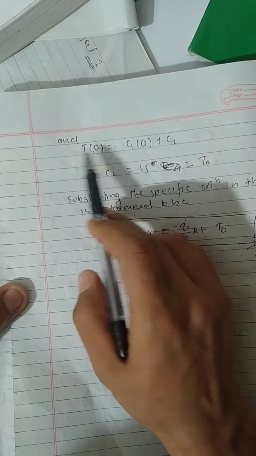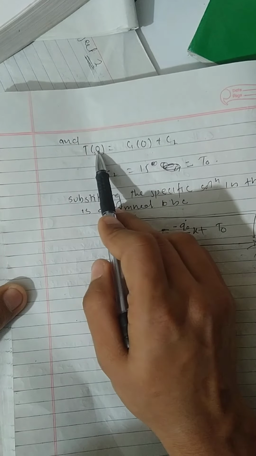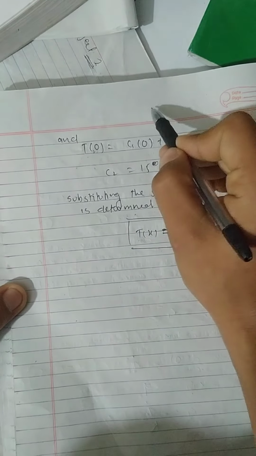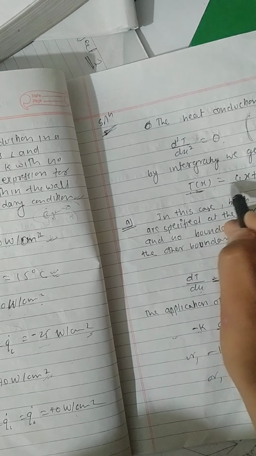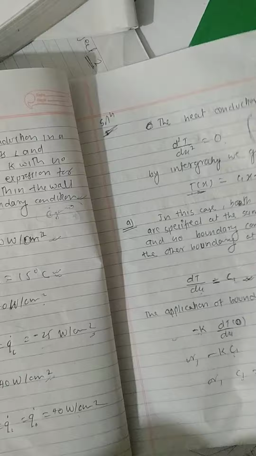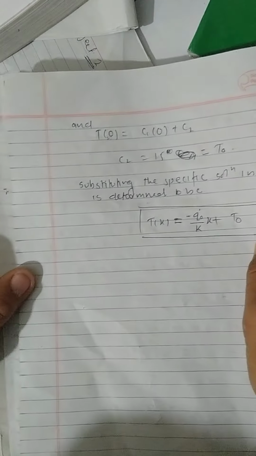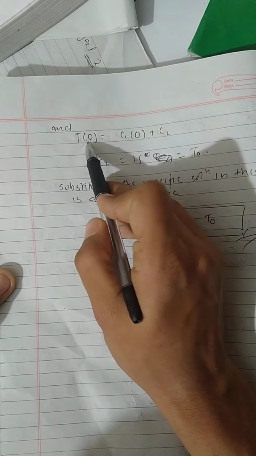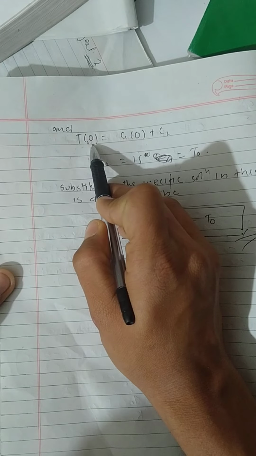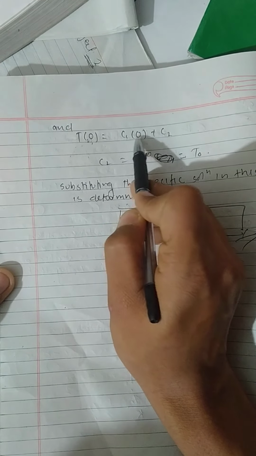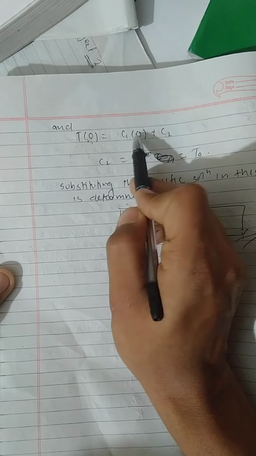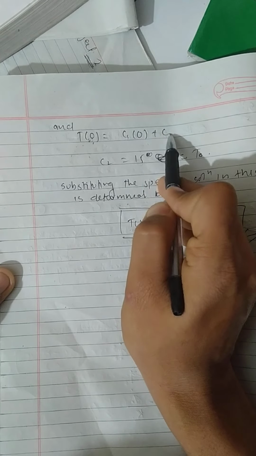From the first equation, the temperature function is T(x) equals c1x plus c2. Okay, we will put the value in here. The boundary condition at x equal to 0 gives T0 equal to c1 into x plus c2.